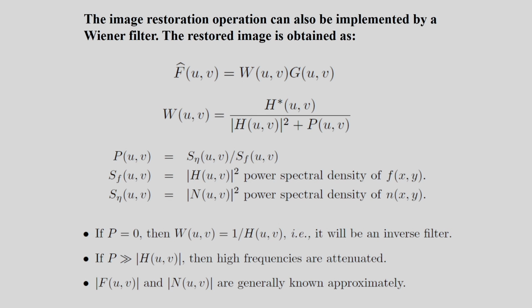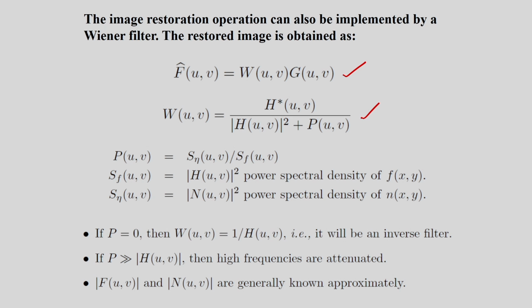The image restoration operation can also be implemented by Wiener filter. So what is the Wiener filter? The restored image is obtained as W(u,v) G(u,v). W(u,v) is nothing but the Wiener filter, and that you can represent like this. So later I will show how to get this expression.